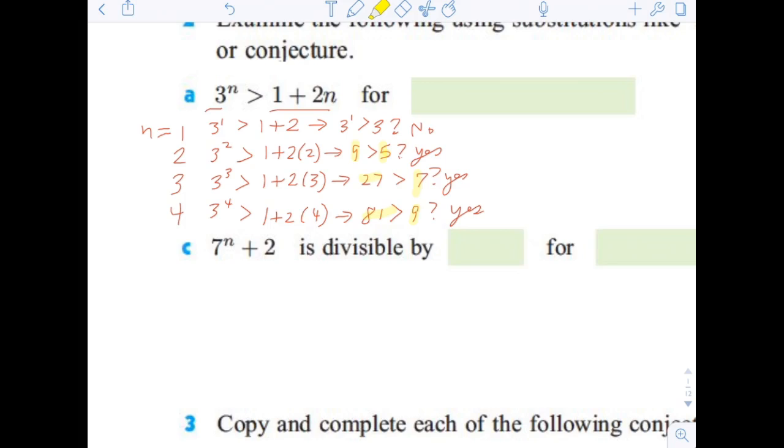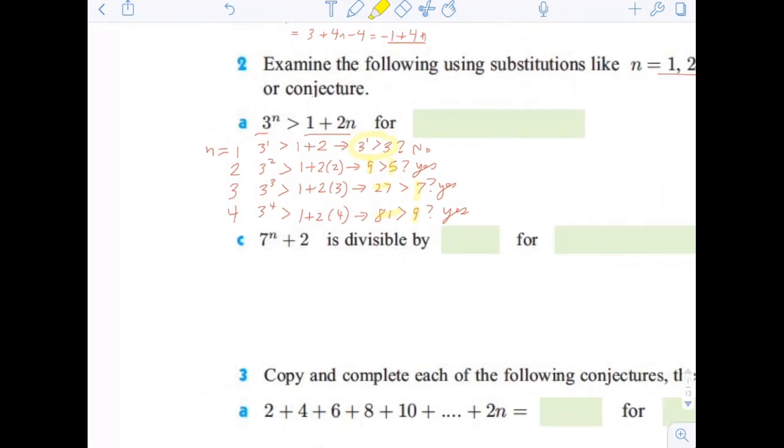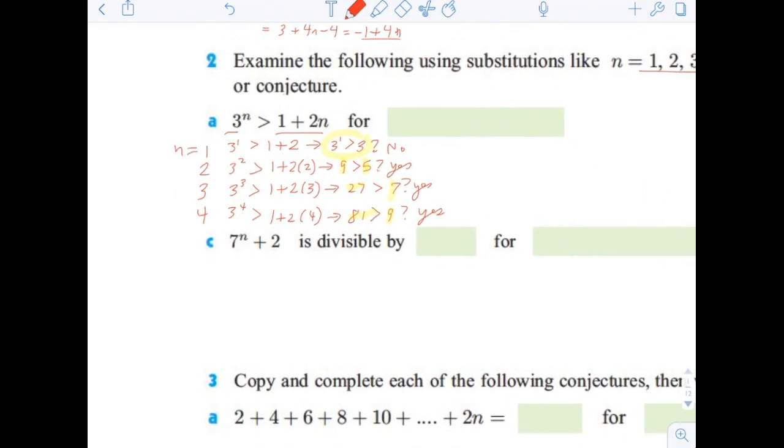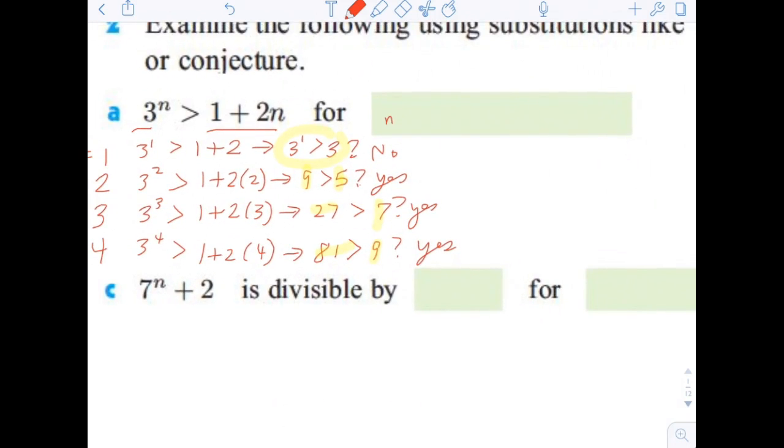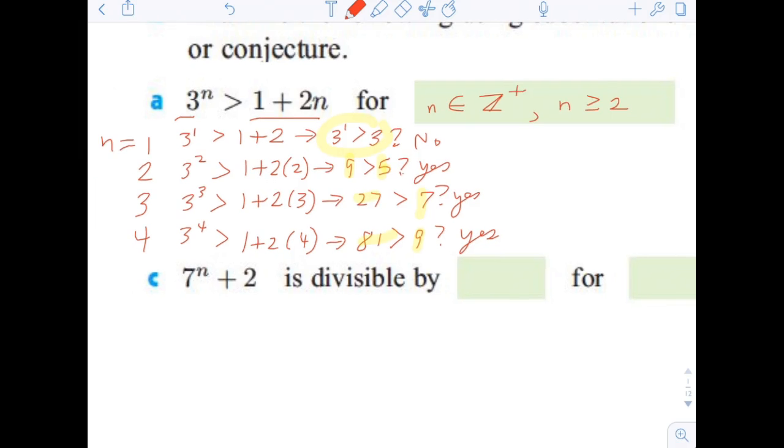So only on the first example, which is n equals 1, is 3 to the n not bigger than 1 plus 2n. Okay, so let's say that this is true for n a positive integer where n is greater than or equal to 2.